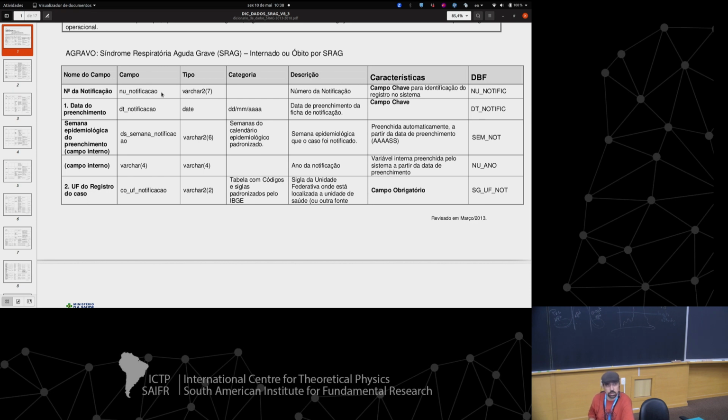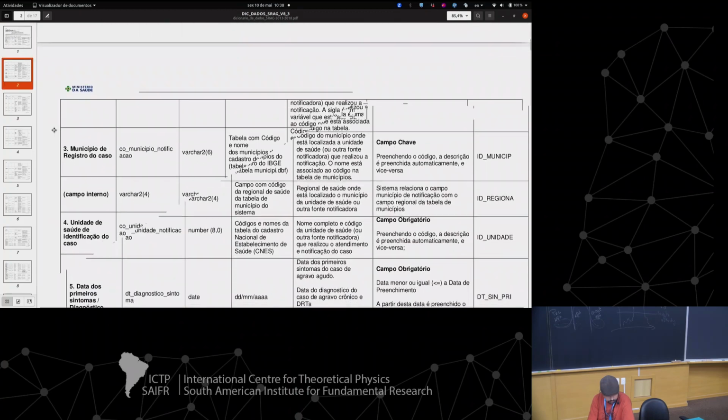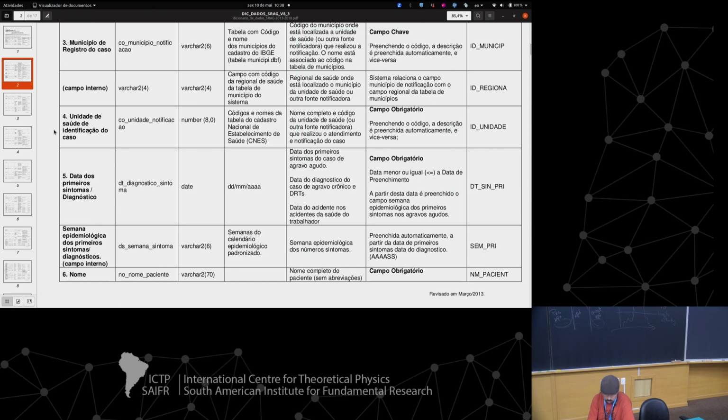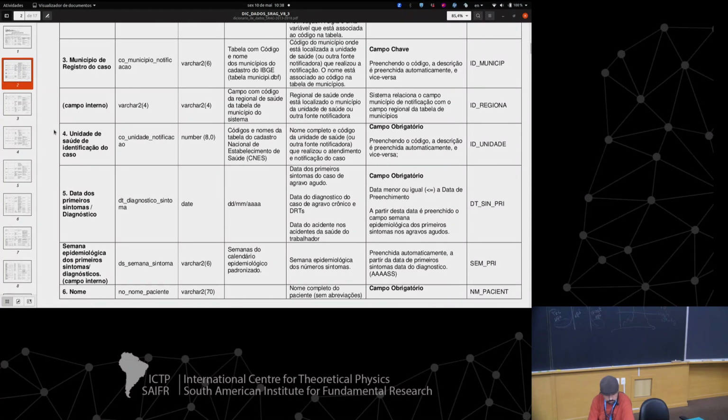So to separate them, what you have to do is at least combine the number of notification, this variable, with the municipality of notification and the date of notification.